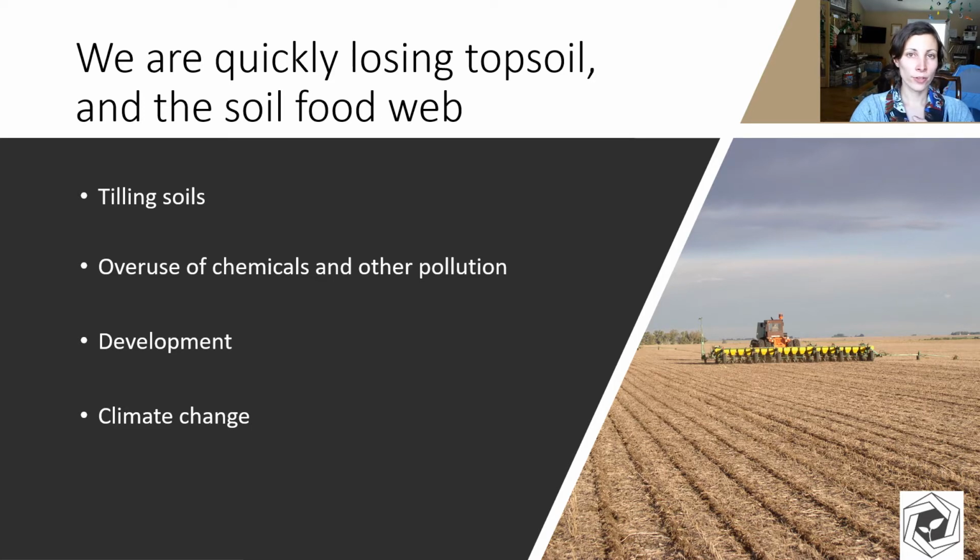Sadly, the Earth is losing topsoil at a devastating rate, and this is due to a number of factors. When you think about what humans are doing on this planet, we are converting a lot of forest and wetland into either land for development or farms, and there's nothing wrong with agriculture when it's done properly, but unfortunately a lot of agricultural practices are harmful to the soil, such as tilling.